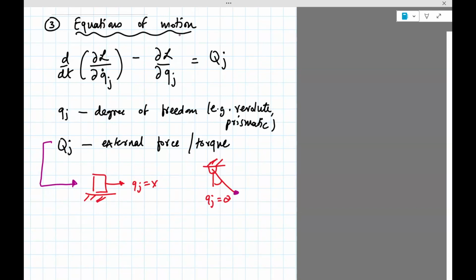Okay, so anything which you cannot write as a potential would be here. For example, damping, friction, anything will come here. Whatever can't be expressed as a potential.